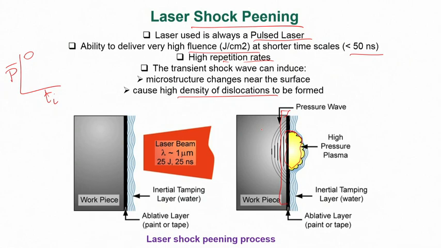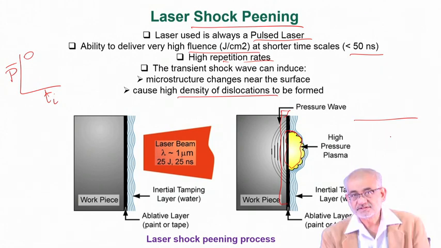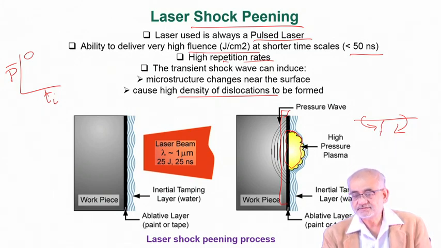Just to remind you, the utility of such residual compressive stress is that if this is the surface, and you create deformation onto the surface, then essentially you create residual stresses acting towards each other. So if a crack forms for whatever reason, maybe due to fatigue or wear, this crack first has to overcome this residual compressive stress and convert it into a residual tensile component, and only then can the crack propagate.